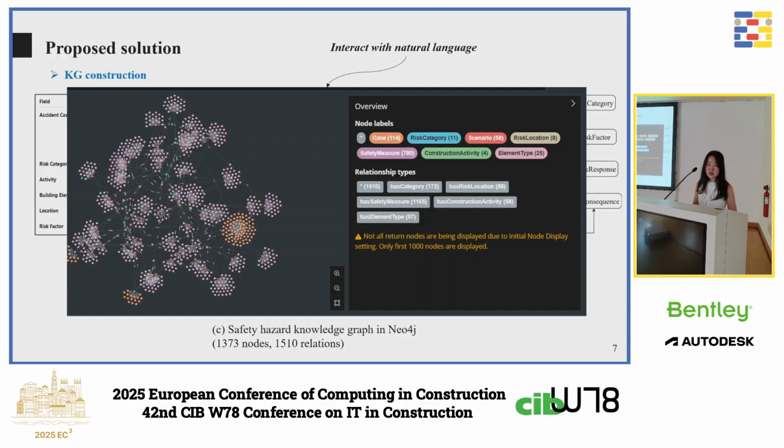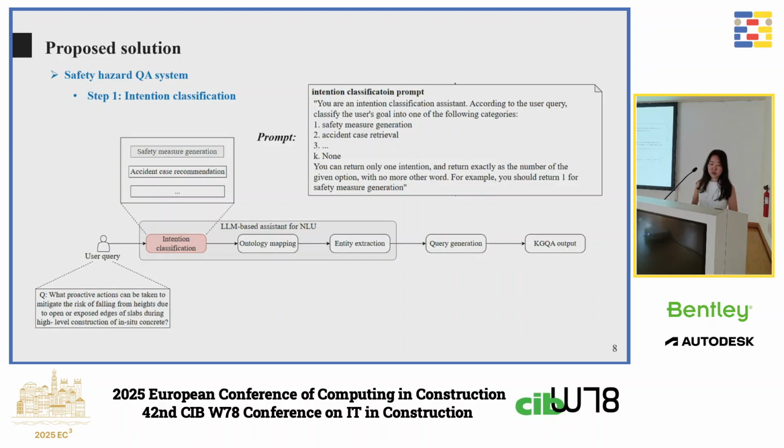Initially, if we want to search the knowledge base, we need to write Cypher queries manually, but we want a more intuitive way to interact with the database using natural language, to support tasks like safety measure generation and accident case recommendation. This is enabled by the second part, a safety hazard QA system powered by large language models.